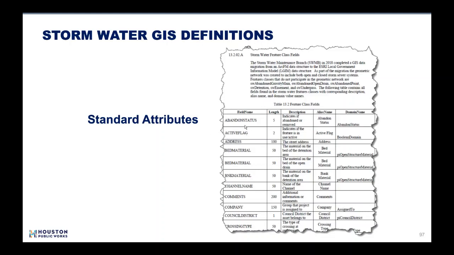It shows you the actual field names, the sizes of the fields, the descriptions of those fields, the alias names, and if any fields have any domain requirements. So this section will describe each of these attribute standards for each of the storm features.